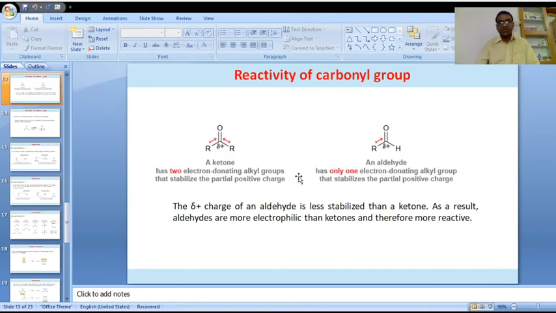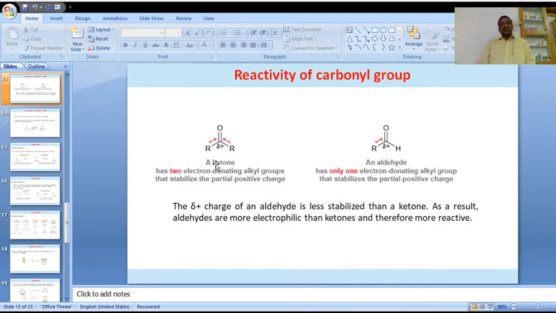Based on this positive charge on the carbonyl carbon in aldehydes and ketones, we will discuss which one is more stable, which one is less stable, and the reactivity of that carbonyl carbon.